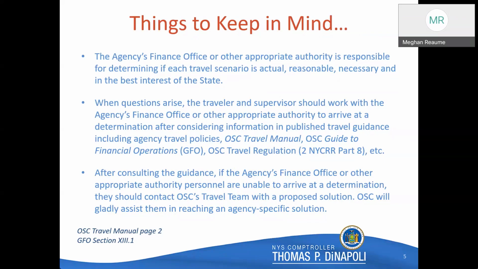When questions arise, the traveler and the supervisor should work with the agency's finance office or other appropriate authority to arrive at a determination after considering information in published travel guidance, including agency-specific travel policies, the OSC Travel Manual, and the GFO.